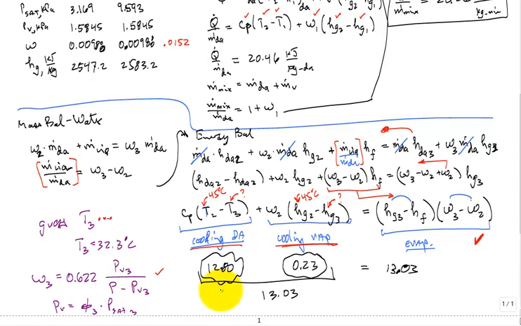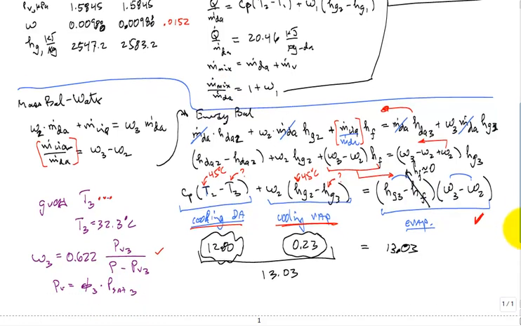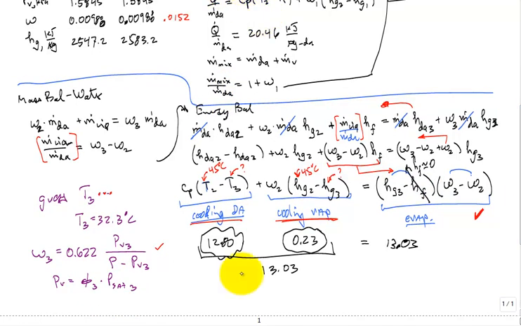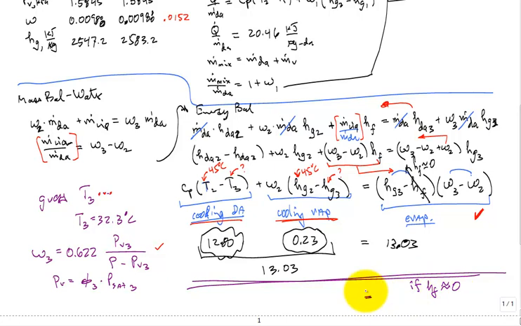Okay. Well, what happens if somebody says, I want to neglect this term right here, h_f is about equal to 0. You can do that. This is a little bit of a digression in the discussion. So if h_f is approximately 0, then you're not going to get the T3 of 32.3.